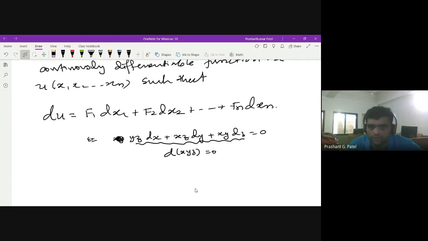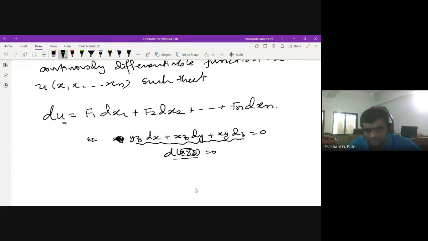So here the u function is xyz, and F1 is yz, F2 is xz, F3 is xy.